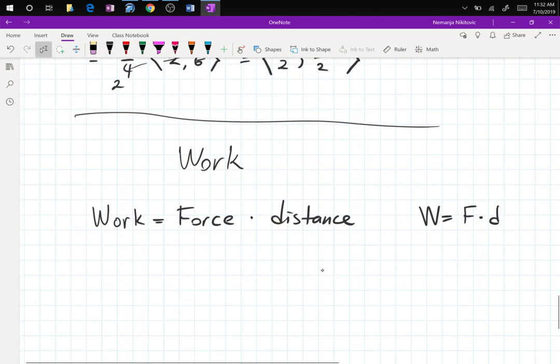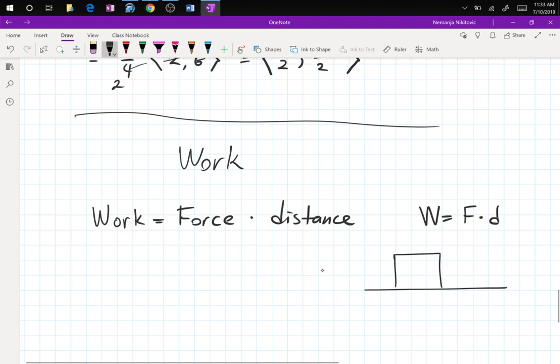Now, that is all cool when you are dealing with objects that are sitting on the floor and you are just pushing forward with a force that is parallel to the floor. So this formula covers exactly one case. Here's your flat, non-inclined ground.